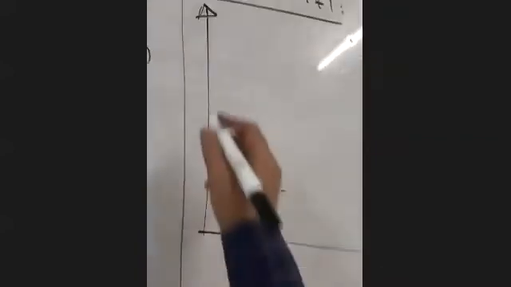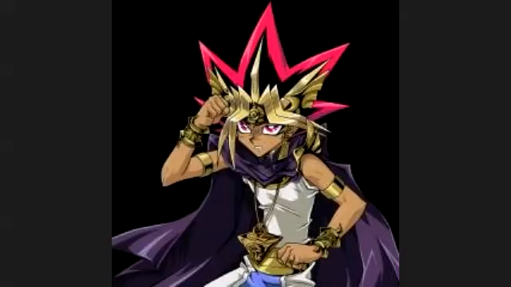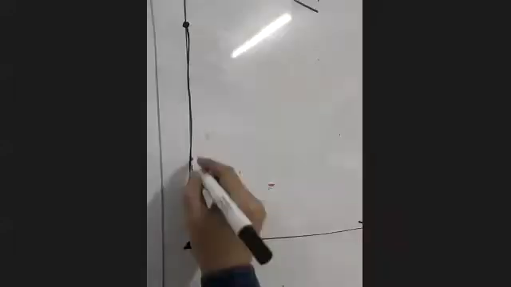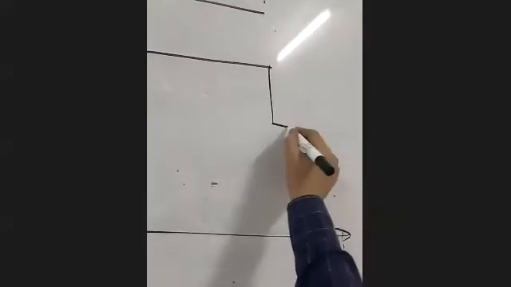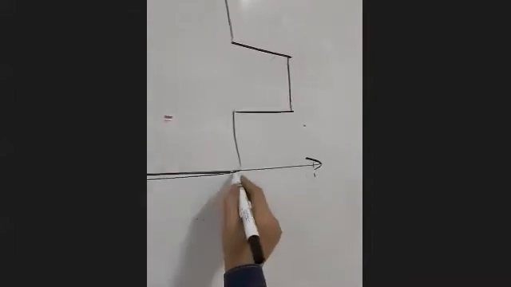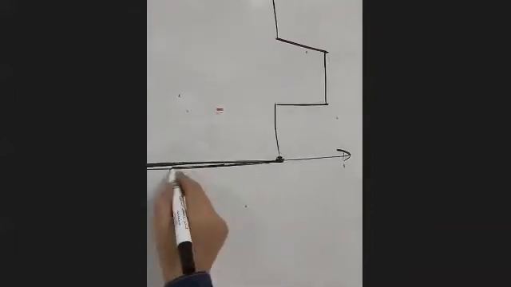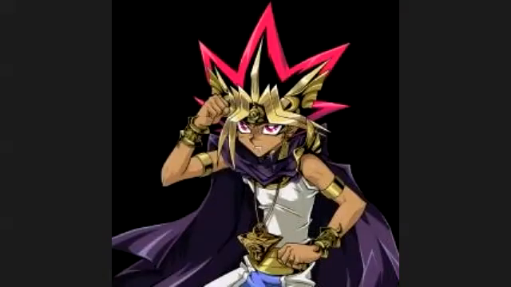We have something like from here to here, right? Then this line, just focus with me. I go like this, then go down, then go like this, then go down here like this, right? We have something like this, okay?